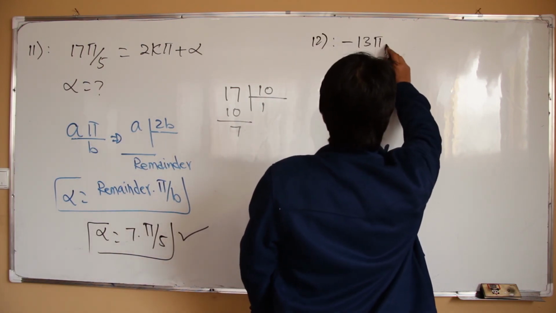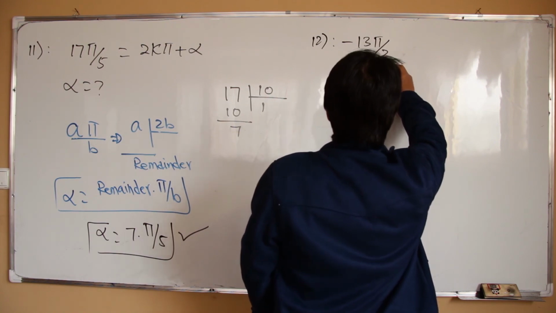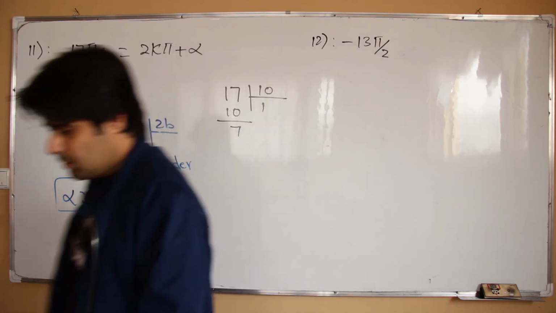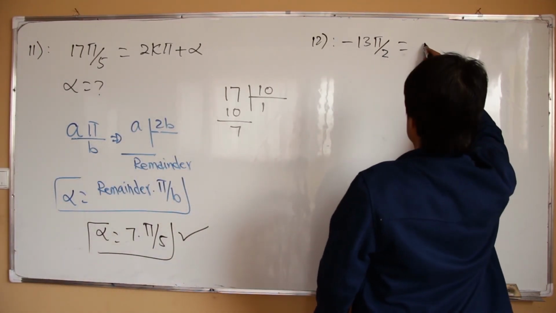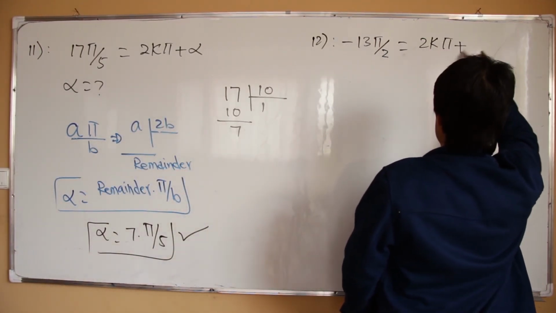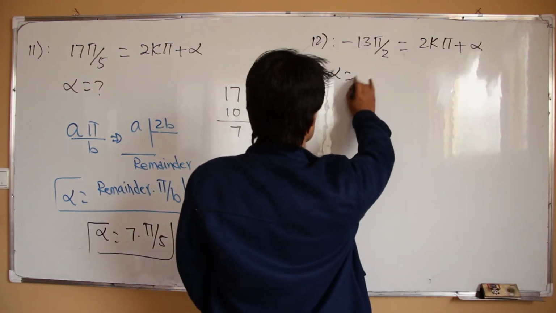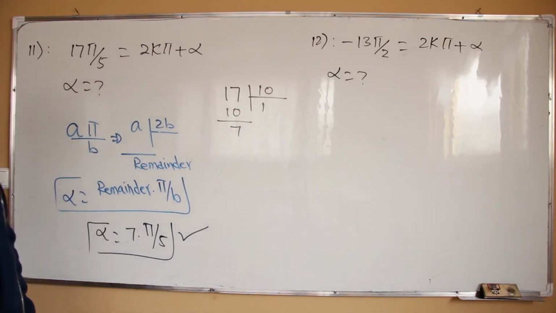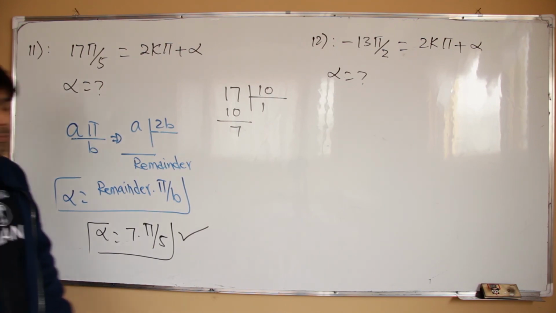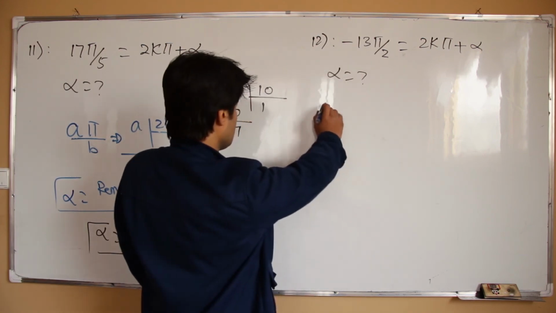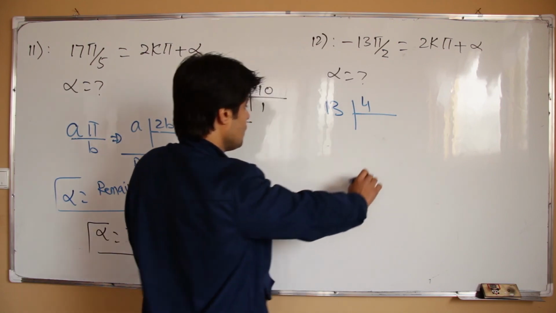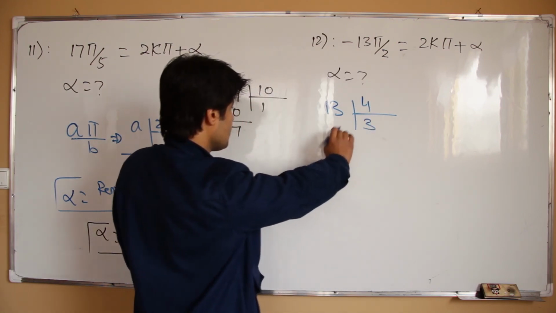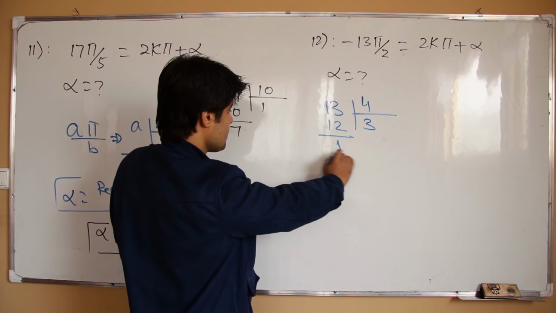For example, if I have minus 13 pi divided by 2, is equal to 2 pi plus alpha. What is alpha? Suppose this angle is positive, I mean 13. Divide this by 2 times this one, which is 4. Now how many times? 3 times. 3 times 4 is 12. Remainder is 1.